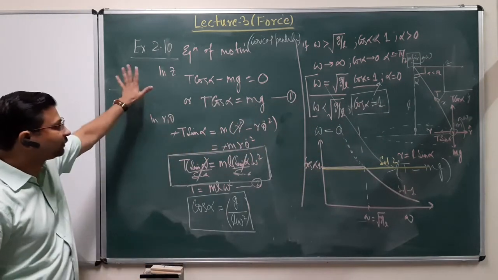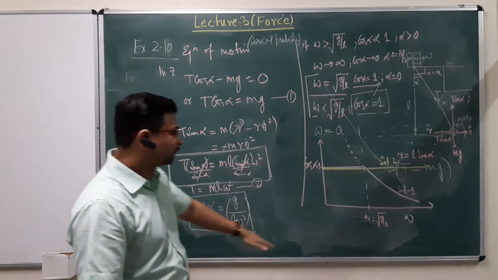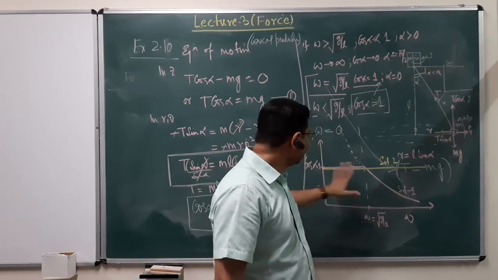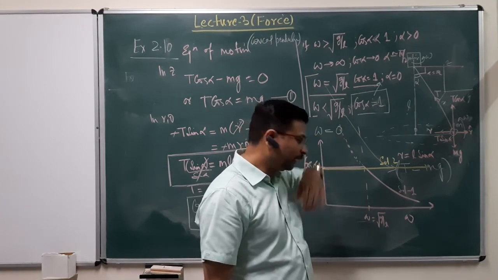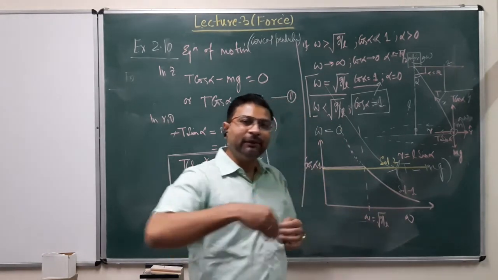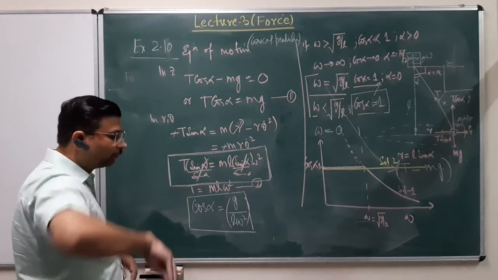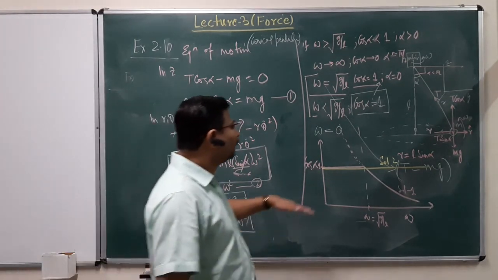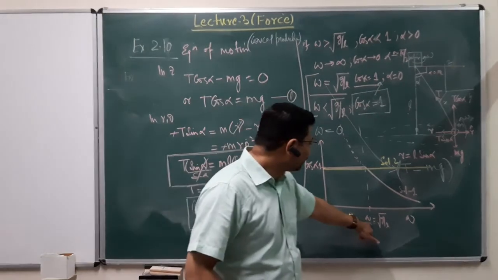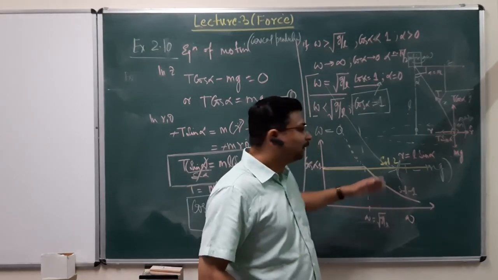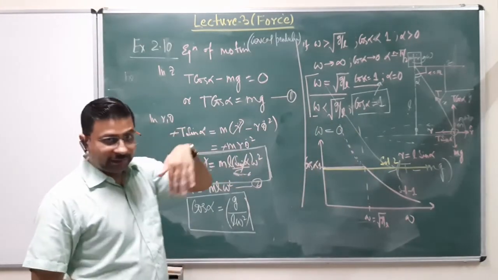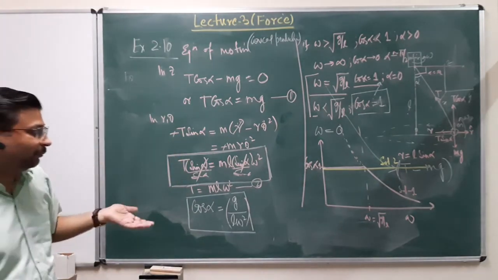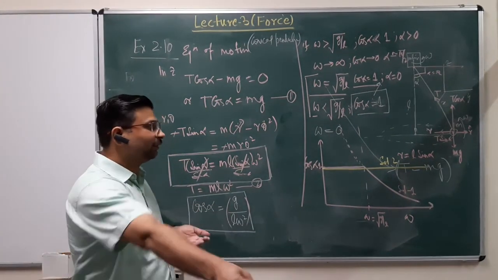There are two solutions to this problem. One is omega less than square root of g by L, cos alpha 1, the pendulum hangs vertically. For omega beyond that, the pendulum can make an angle alpha and then go in a certain plane. Another is, even for omega greater than square root of g by L, the pendulum still remains vertical. Right? And that's a perfectly reasonable physical solution because nothing stops it or nothing forces it to go outwards.